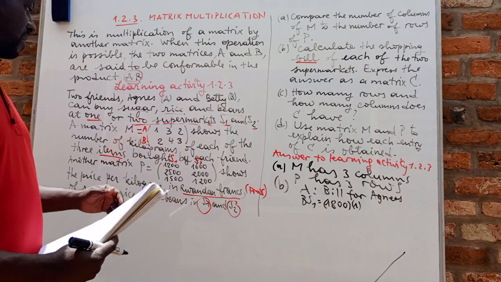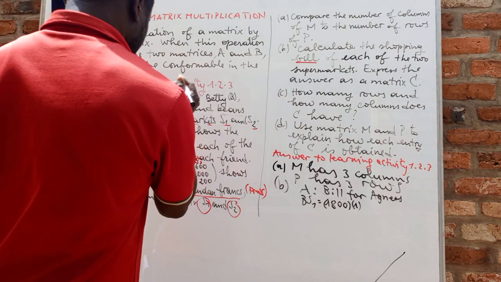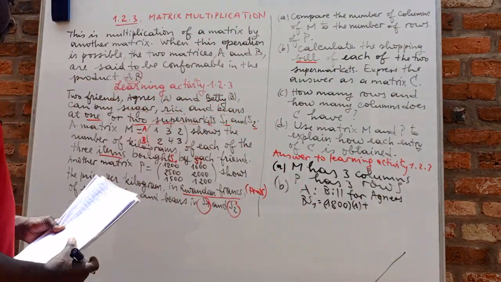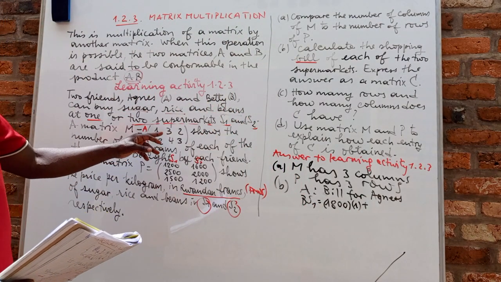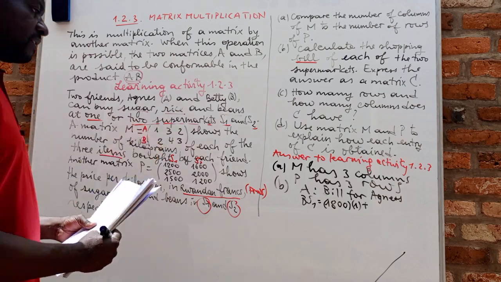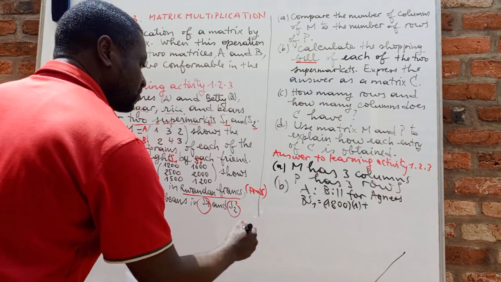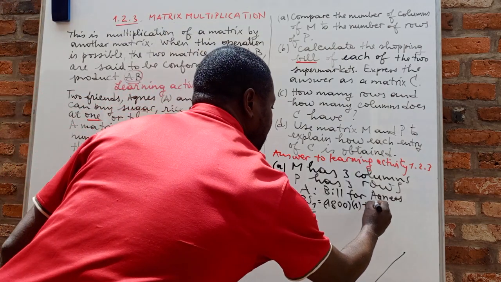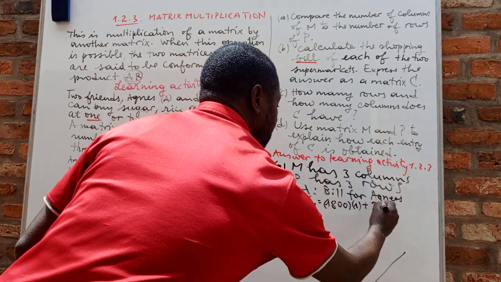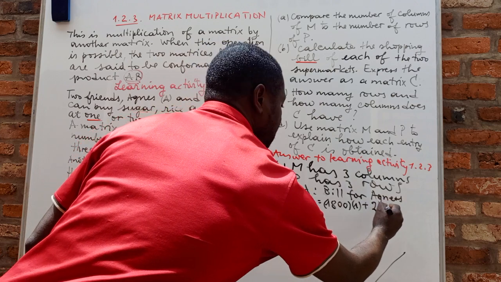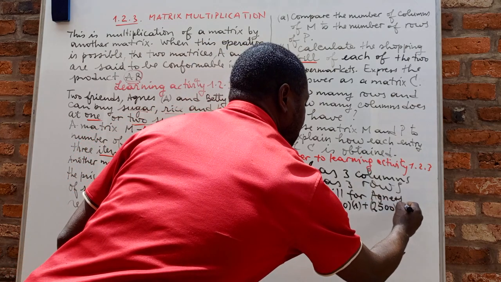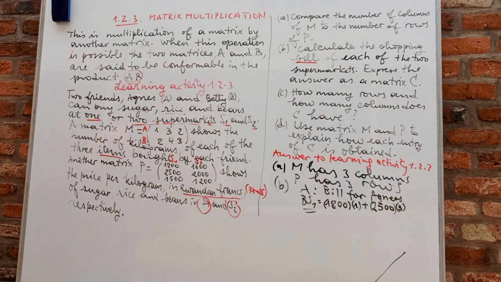And for the number of kilos of rice, we have 3. At the first supermarket's price, we have 2,500 times 3 kilos.